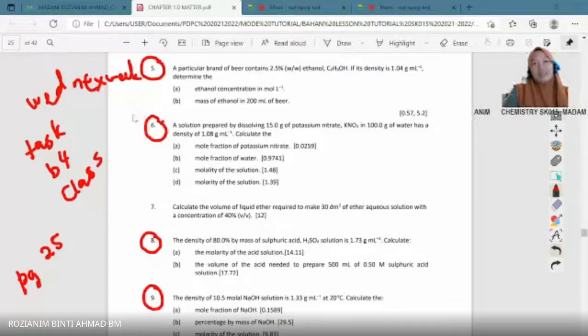Madam, yang Madam cakap ada quiz tu bila? Oh, quiz tu bila? Selepas habis je chapter ni. Maksudnya bila? Hujung bulan 8. So maksudnya habis je chapter 1, sebelum masuk chapter 2, saya akan bagi satu quiz untuk saya nak test kamu chapter 1. Okey ke tak okey?